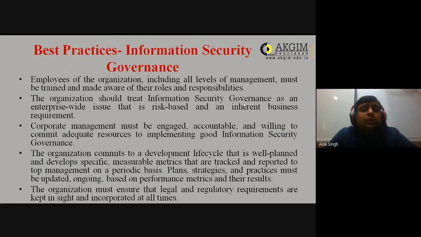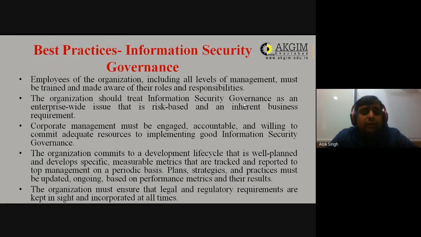Okay, the organization should treat information security governance as an enterprise-wide issue that is risk-based and an inherent business requirement. As I have told earlier, if you are dealing with it department-wise or function-wise, then it will not be effective. So you should deal with this type of threat as an enterprise-wide issue.